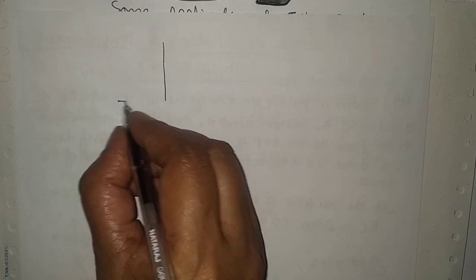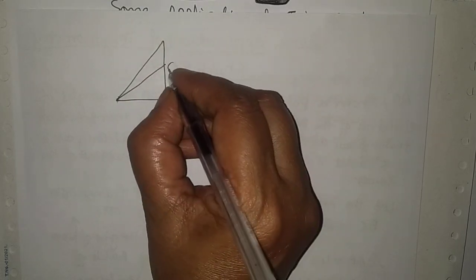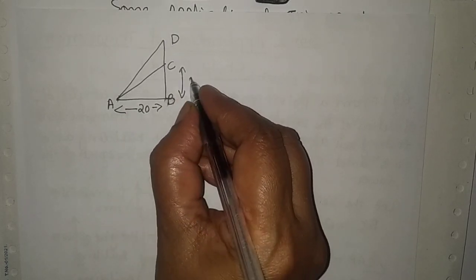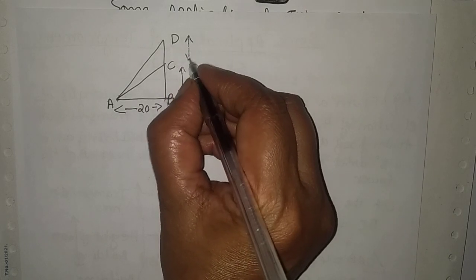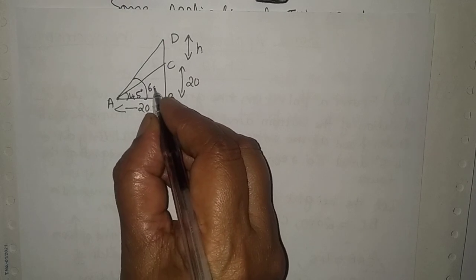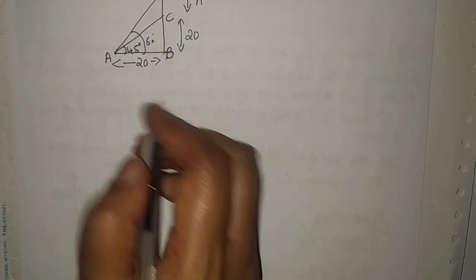We have to consider one more triangle, so I'll write the diagram once again. B, C, D, E. We got this as 20 meters, and this is 20 meters, and H we have to calculate. This is 45 degrees and this is 60 degrees. Now we consider the triangle ADB.